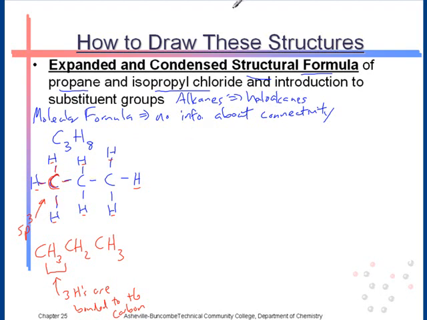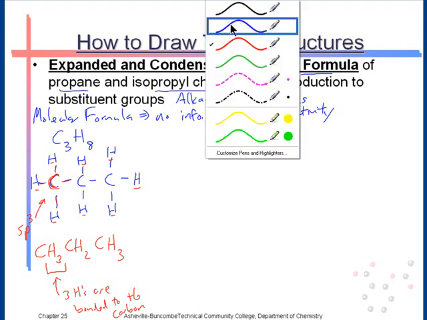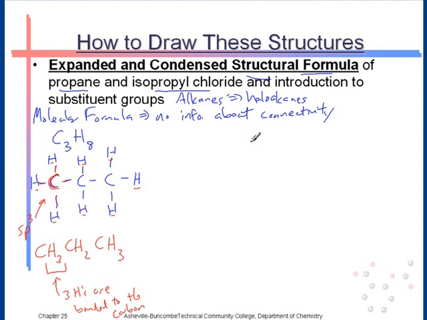Okay. So that's the case for propane, and then the isopropyl chloride. It has the molecular formula C3H7Cl. Essentially, what's happening is that one of these positions of hydrogen has been removed, and then chlorine has been put in its place.